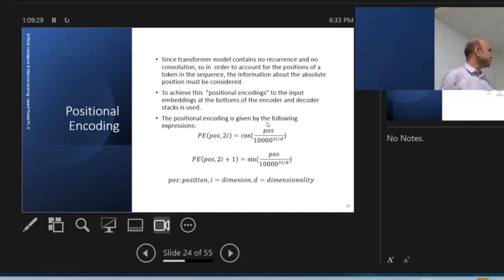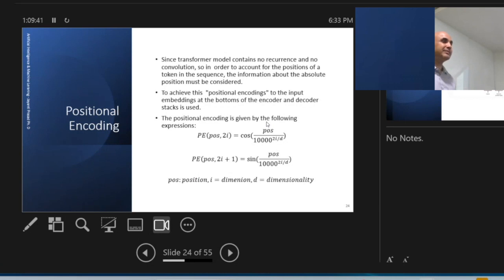Obviously, 2i will take care of the even case and the other will take care of the odd case. But at the end of the exercise, every position will be uniquely represented by a vector of the same dimensionality as the embedding dimensions. So we secured the positional information also in this mechanism.